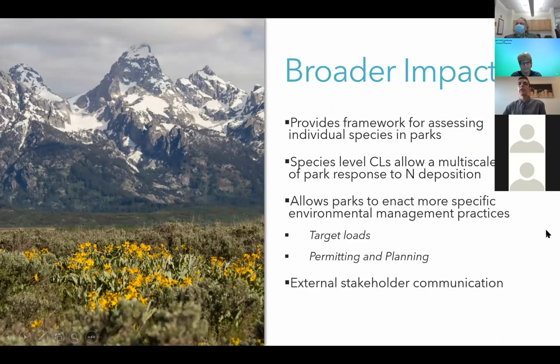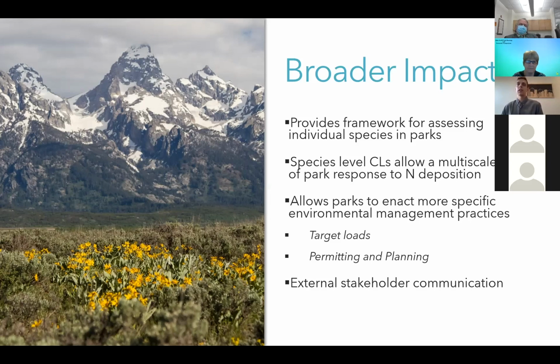So what this study means so far, I think it's on its way to helping provide a framework for assessing individual species in parks, which can be really useful. And as I mentioned before, it allows for a multi-scale view of park response to nitrogen deposition.